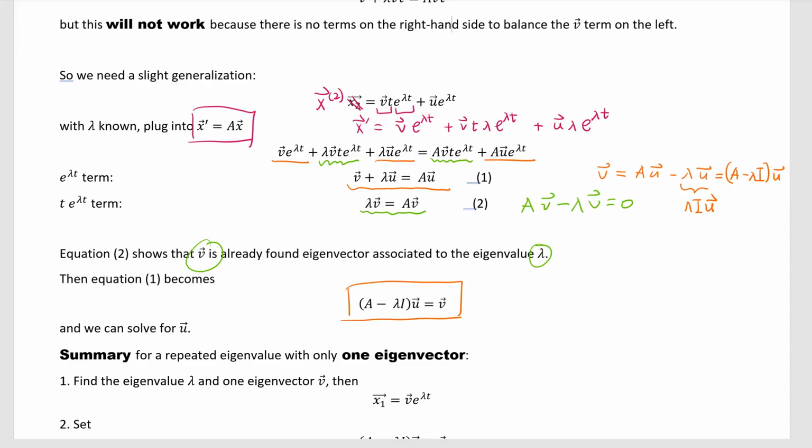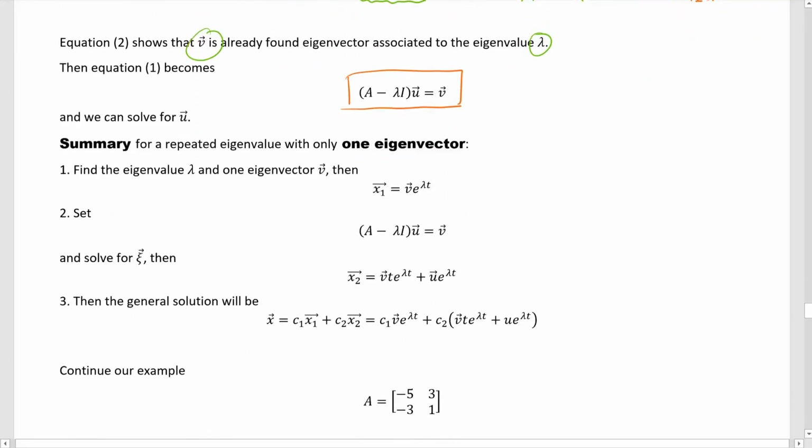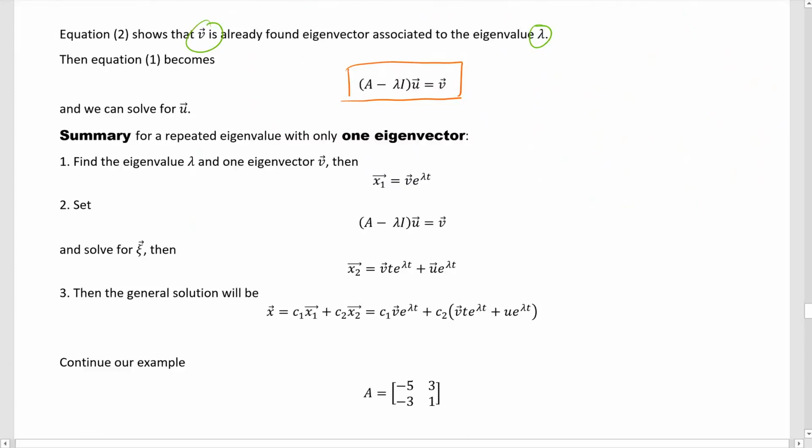So, summary. For a repeated eigenvalue with only one eigenvector, what do we do? First, find the eigenvalue and one eigenvector just like what we did before. Second, to find the second solution, you set A minus lambda I times u equals that v, the eigenvector you found in the previous step, and then you solve for u.